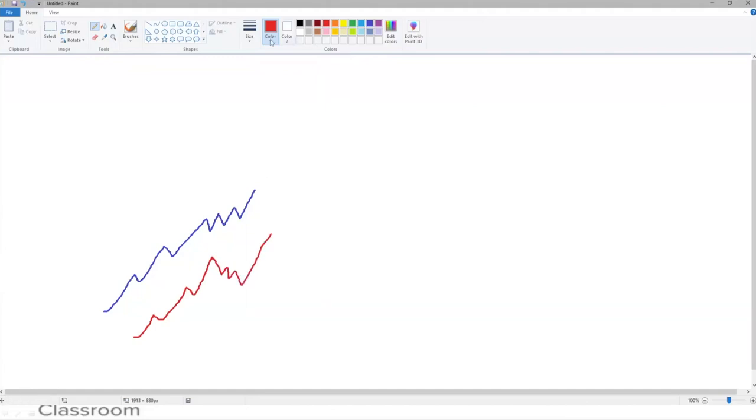So when you get this kind of a reverse divergence is when prices are still making higher lows, but the indicator is making lower lows. This is also a sort of bullish divergence that builds into price. Okay, so you have both bullish and bearish divergences.